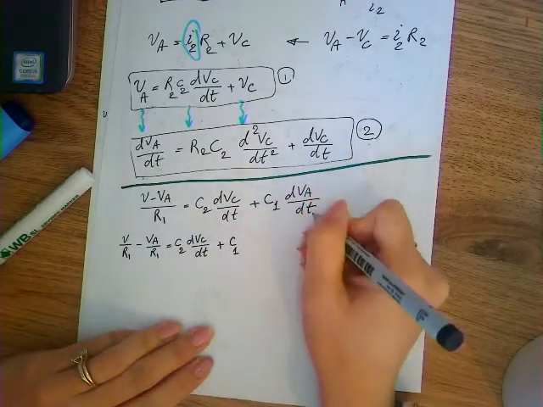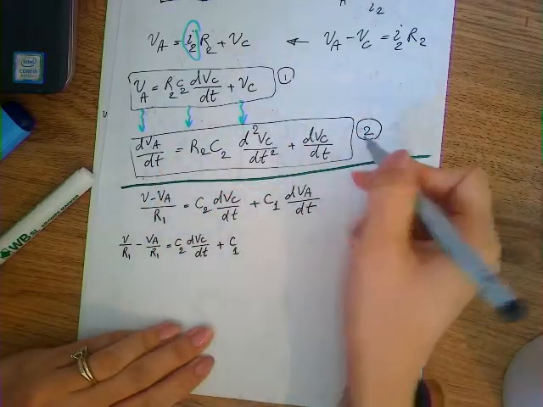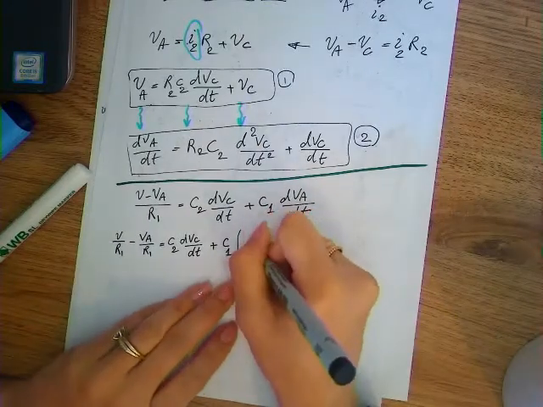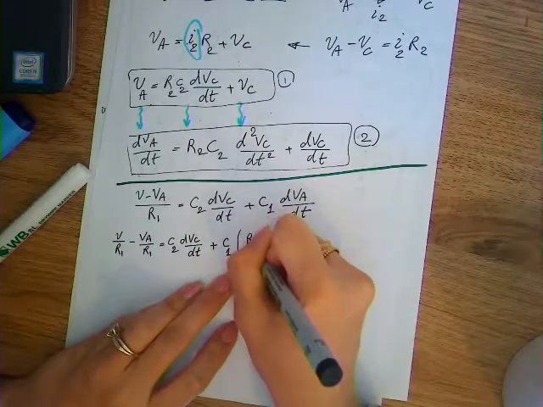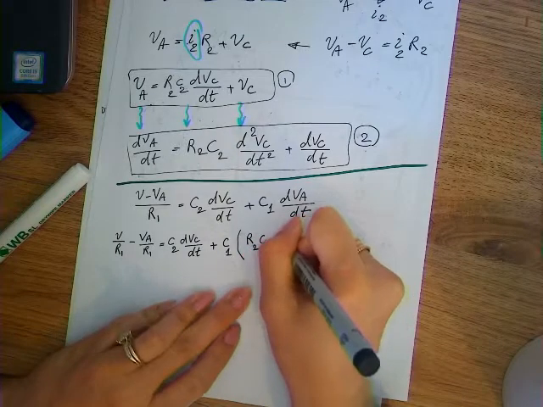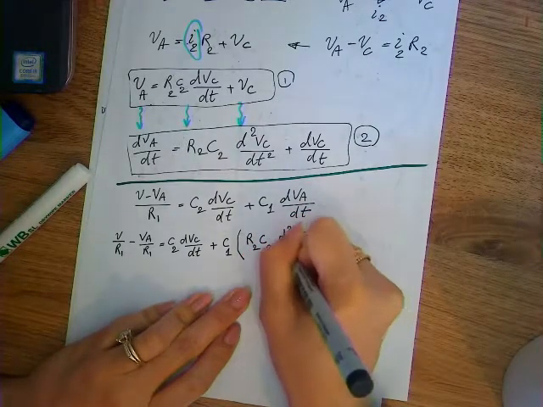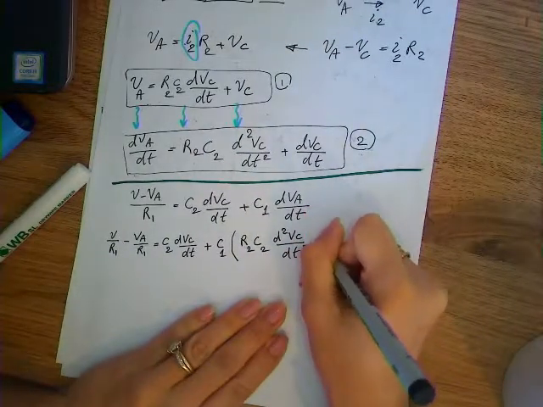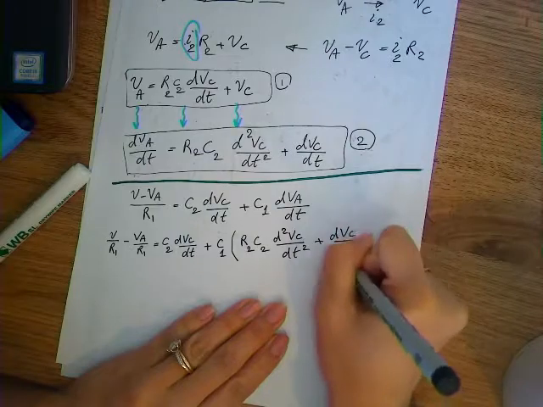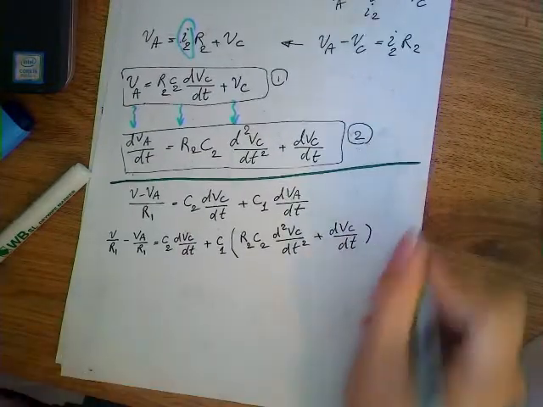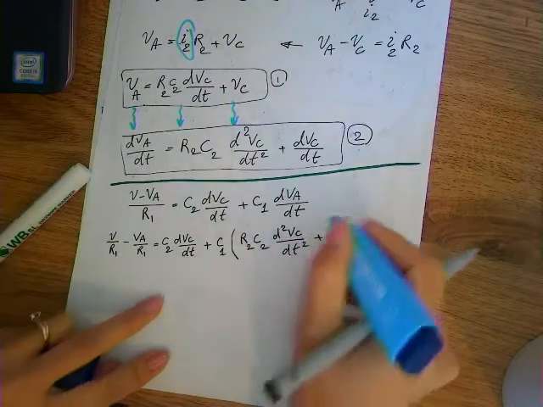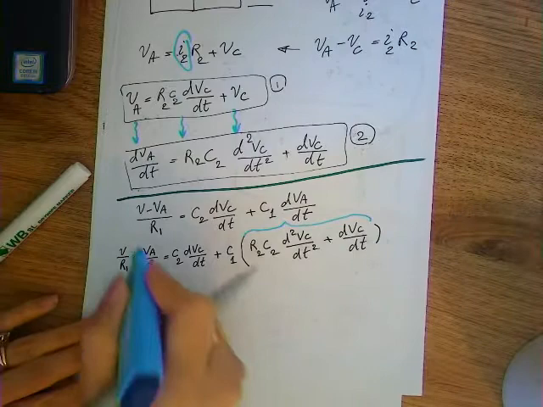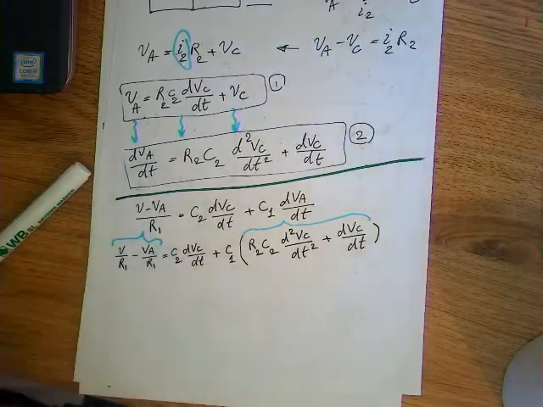So instead of dVA over time, I'm going to put the entire equation 2. So this will have a big multiplication in the entire R2 C2 second derivative of Vc over time squared and dVc dt. So this is that one, and then that is that one. Okay.